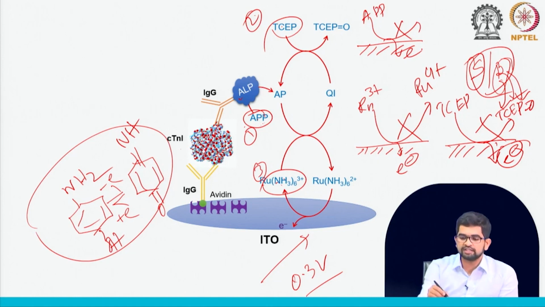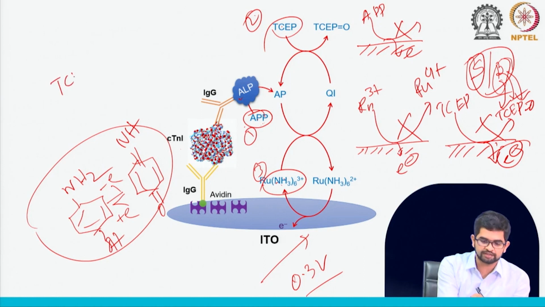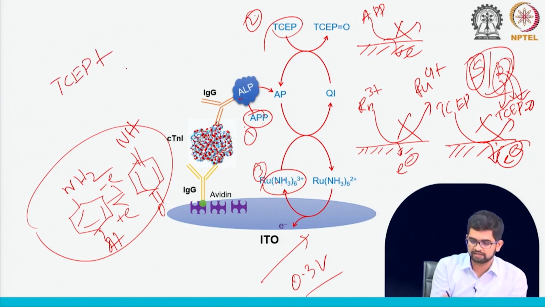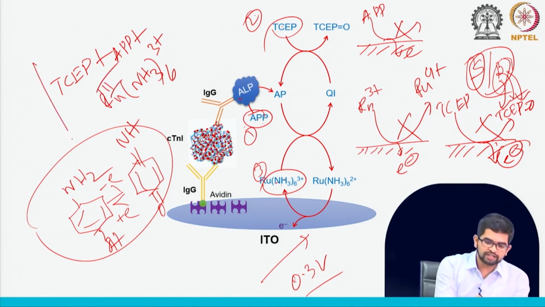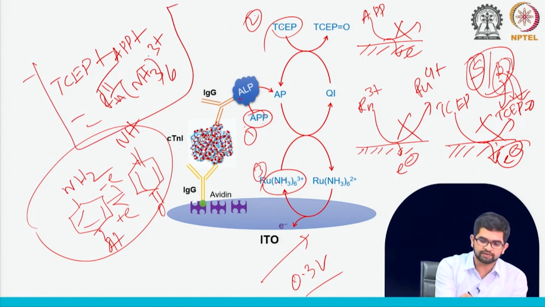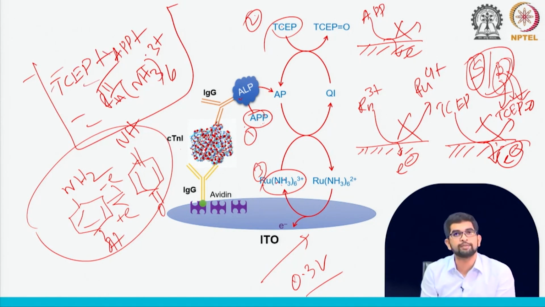And you are using these three as a mixture on the sensor surface, right. So, you are using T-shape plus APP plus ruthenium hexamine Ru(NH3)6 3 plus, here oxidation state 3. So, you are taking this in a sample tube, then you are putting it on the sensor surface.